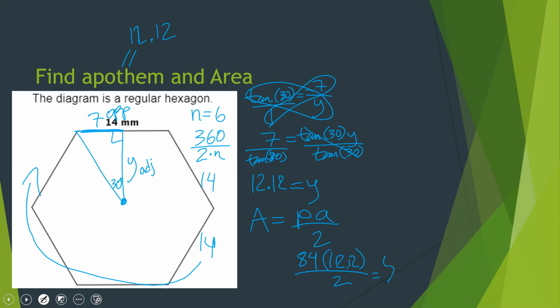Which is 509.22. Because this was in millimeters, this would be in millimeters squared.